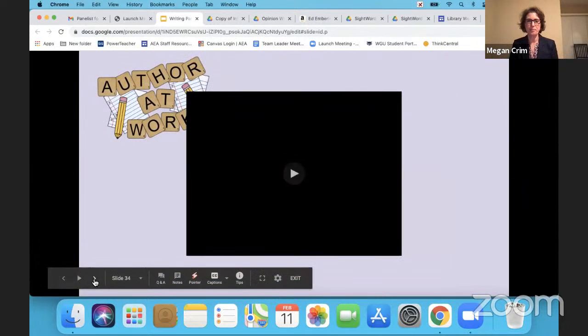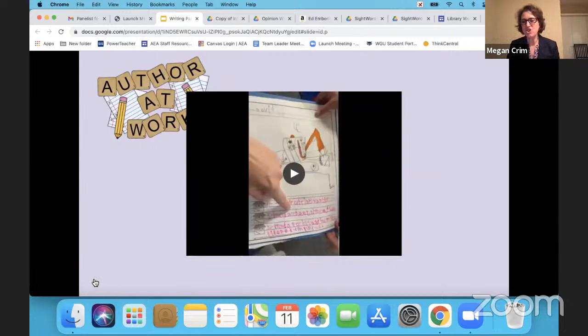And then the idea of sharing. This is the thing in distance learning that makes me so sad. And I'm still trying to think of a way to do this in distance learning, but just that ability to share your writing with somebody else. So sometimes it just means getting a stuffed animal. I have Sammy. Sammy loves writing.